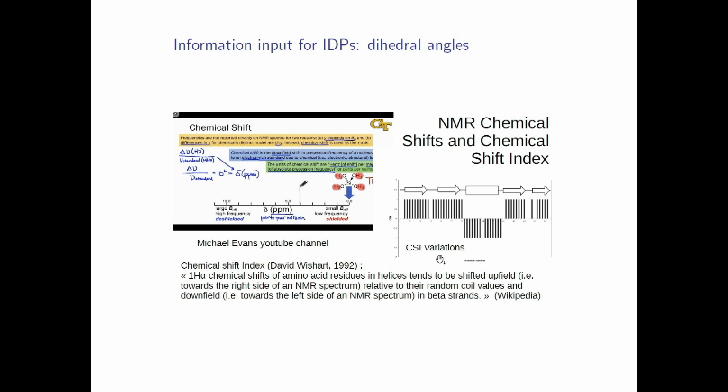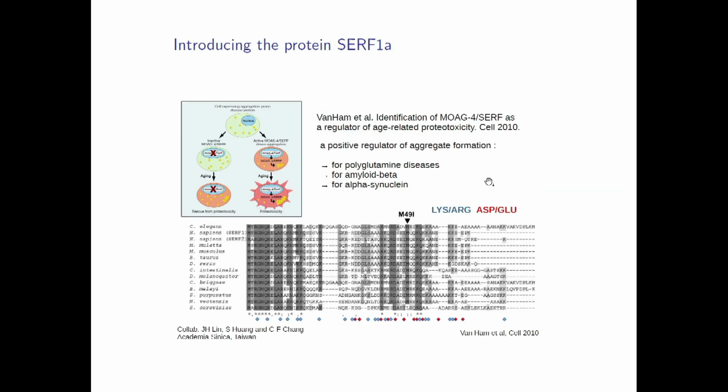And so it was very early remarked that you have two kinds of big different structures you can have in protein. Some are helices, which are represented here, and some are beta strands, and you have opposite behavior of the chemical shift depending on whether you have a strand or an alpha helix.